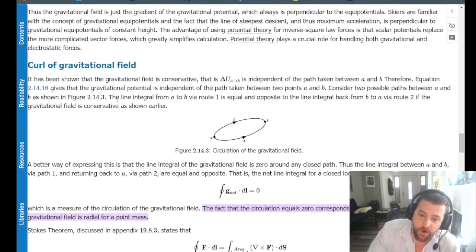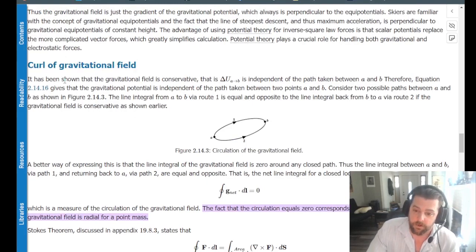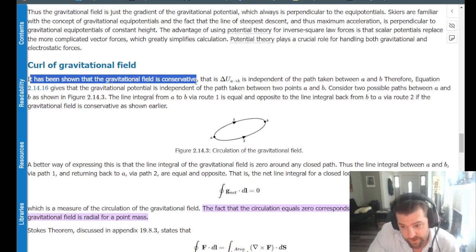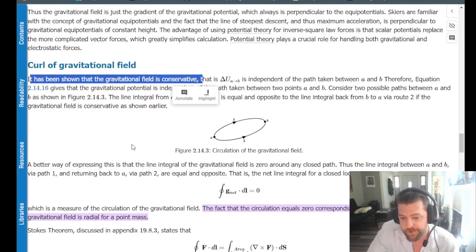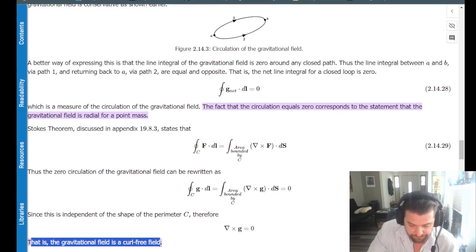So now we go into the curl of a gravitational field. And long story short, it has been shown that a gravitational field is conservative and hence has no curl. We go down here, that is, the gravitational field is a curl-free field.